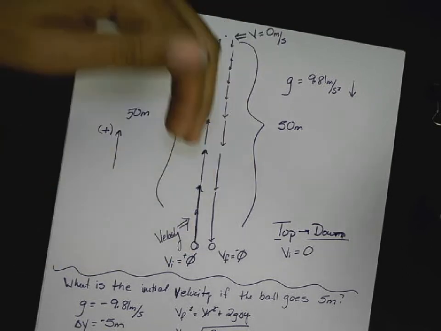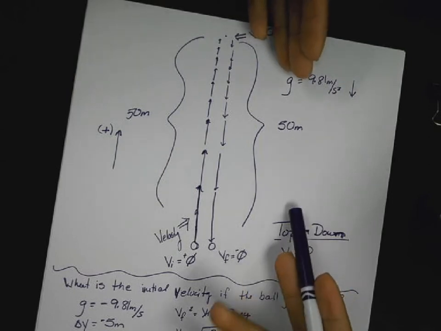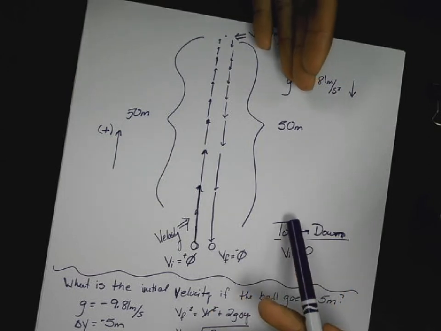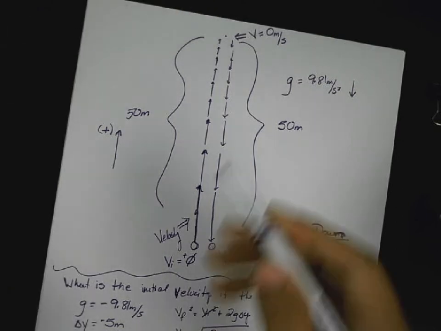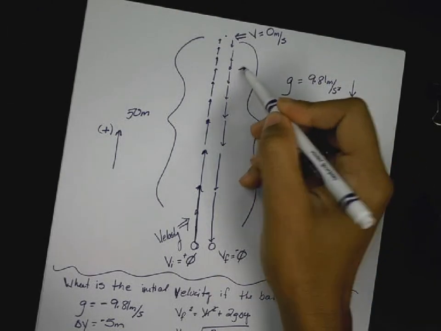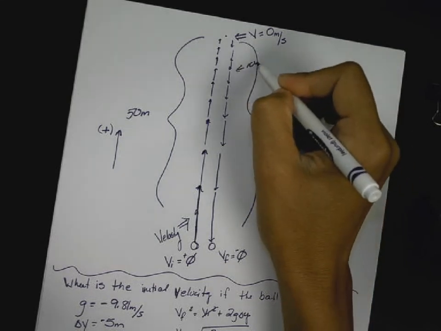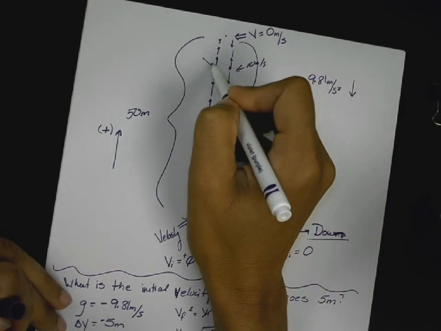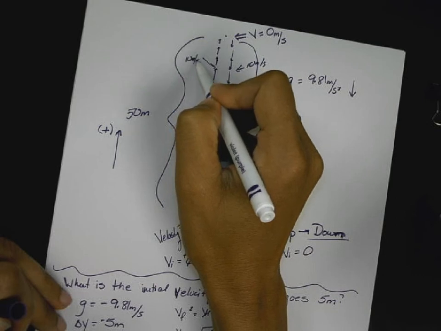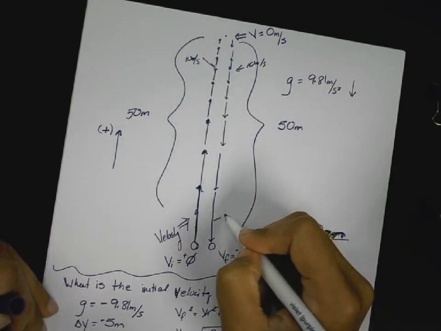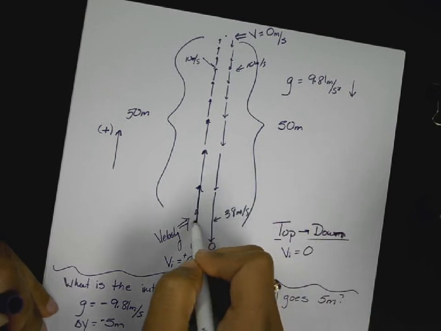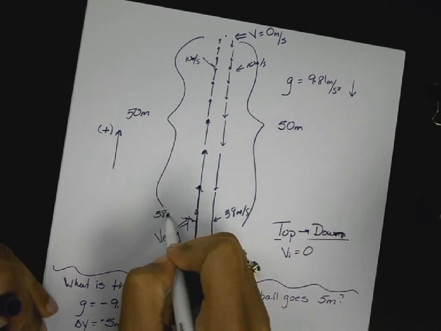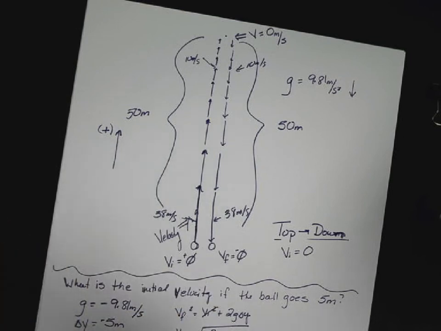And then everything that's true on this side of the motion is true for this side of the motion. If the velocity here is 10 meters per second, then at that same point on this side, it's also 10 meters per second. If here it's 38 meters per second, then right here it's 38 meters per second. That's the symmetry. That's the beauty.